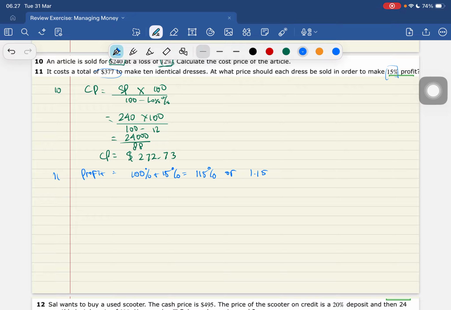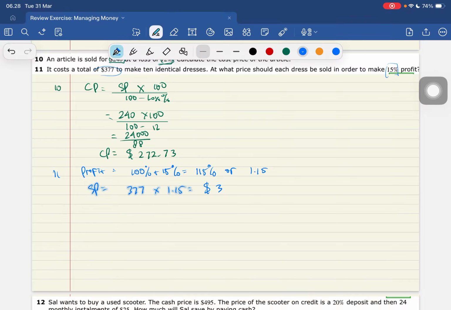So to find the selling price, 377 multiplied by 1.15, we get 433.55.